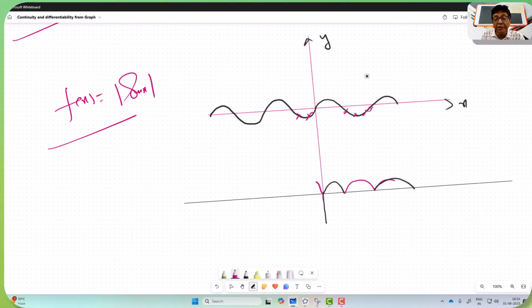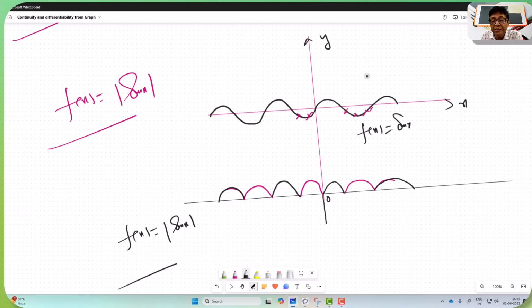By taking the mirror image you get the graph here like this, and then this portion continues as before, and this one again mirror image, again it's like that only. On both the sides it will be like this. So this graph is f(x) equal to sin x and this is f(x) equal to mod sin x.